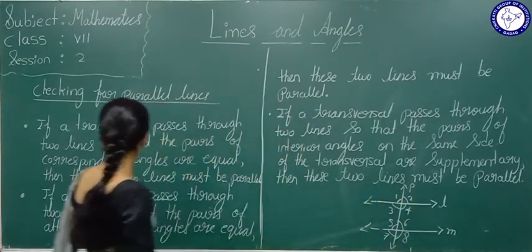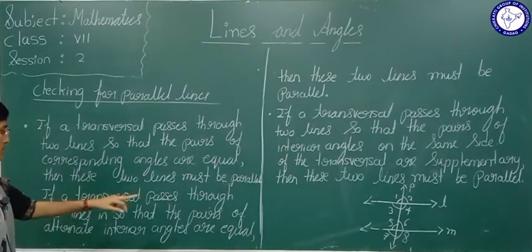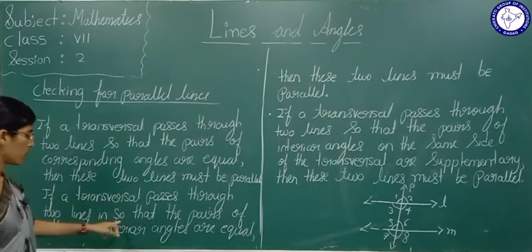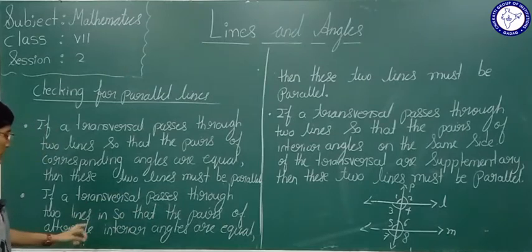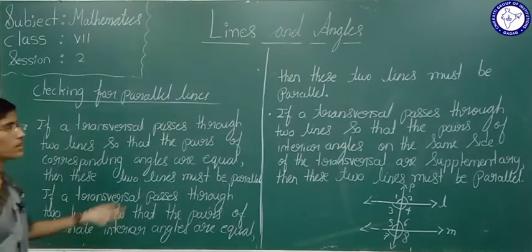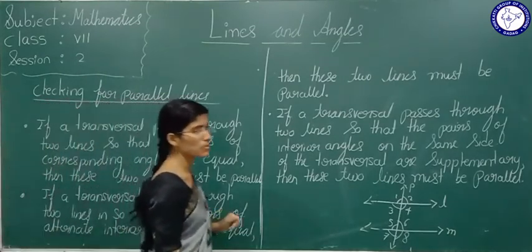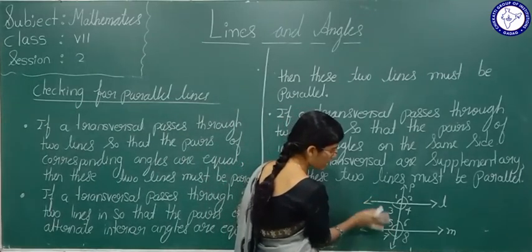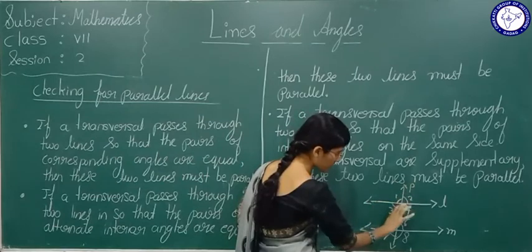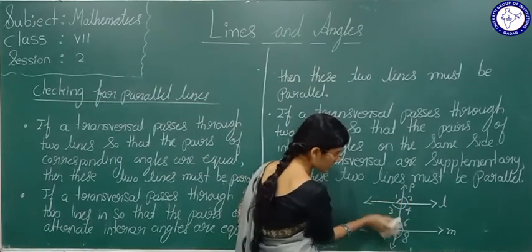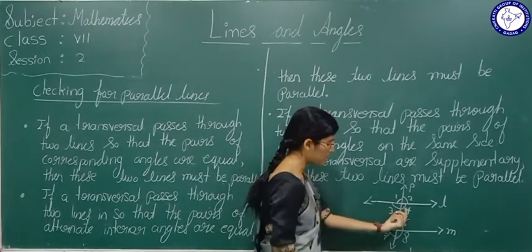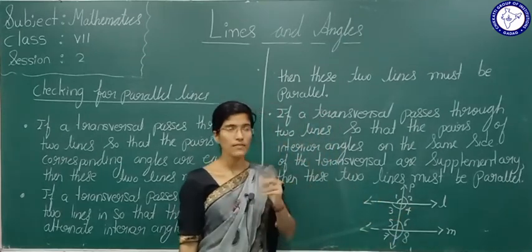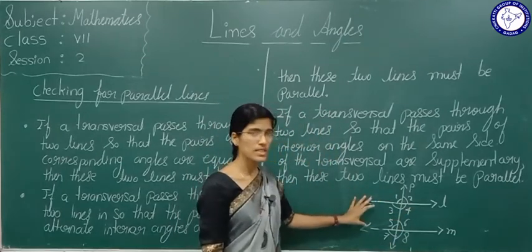Okay, now next here, if a transversal passes through two lines so that the pair of alternate interior angles are equal, then these two lines must be parallel. See, if here two lines are there, and one line is intersecting these two lines at two distinct points, at that time if alternate interior angles are equal, we can tell that these two lines are parallel.